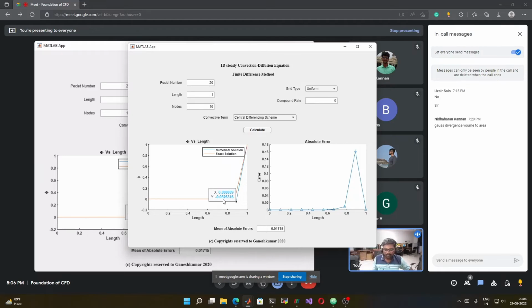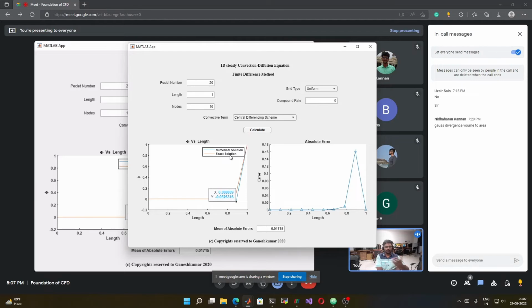Phi is bounded from 0 to 1, but when you use the central differencing scheme, the value is reducing to minus 0.05. So what does this mean? What is the boundedness criterion? Why does central differencing give an unphysical solution? You can't get a negative phi, right?